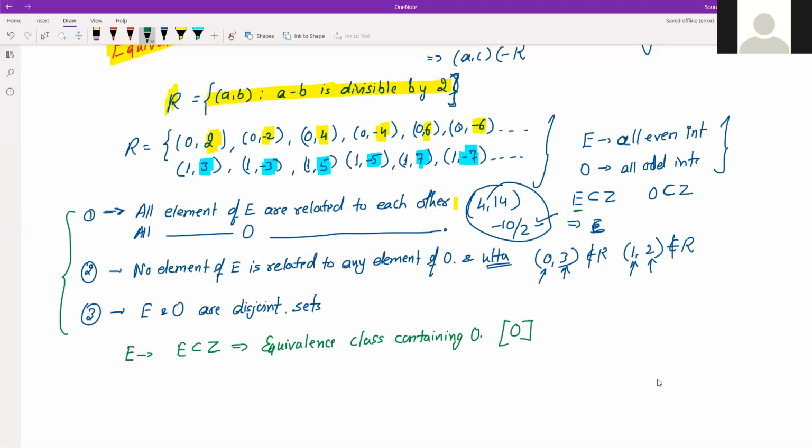So what is O? O is the equivalence class containing 1, and this will be denoted as [1]. So what are E and O? E is the set of all even integers, and O is the set of all odd integers.